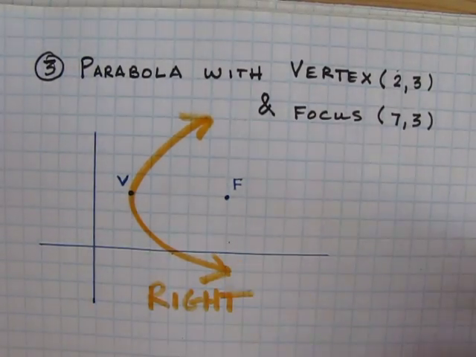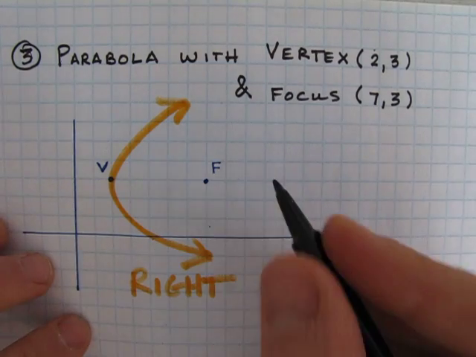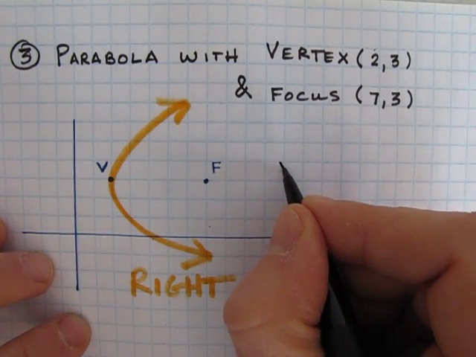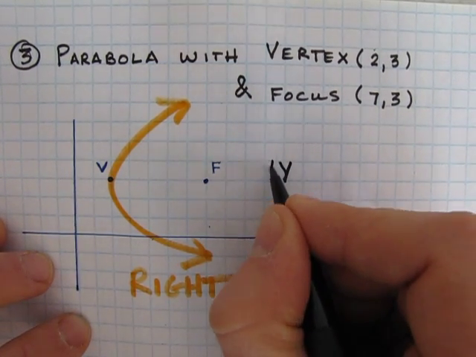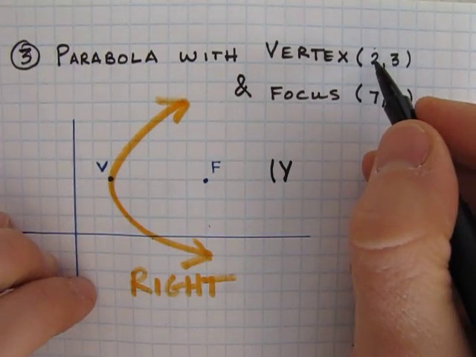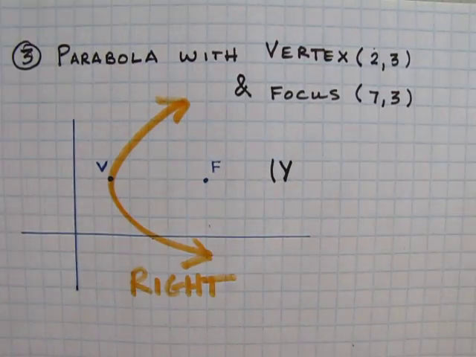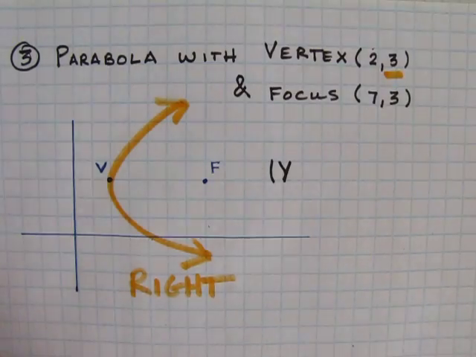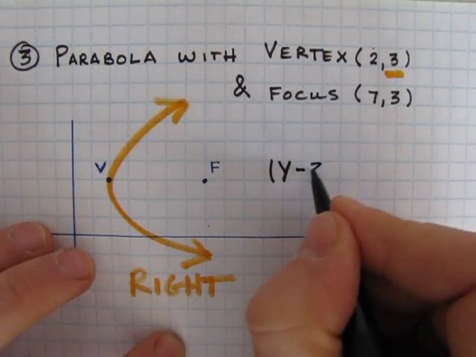So let's write our equation. y. Our vertex is at 2, 3. So 3 is the y value of the vertex, minus 3.